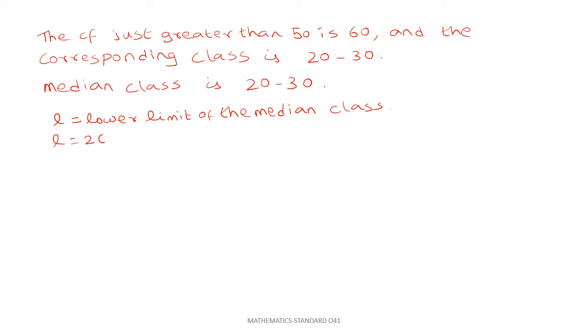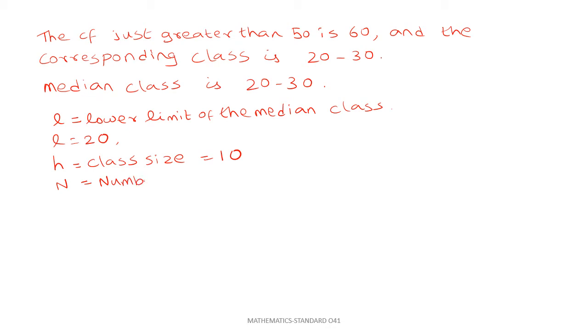It's nothing but 20. Then h is the class size. Here the class size is 10 because it's given 10 to 20, 20 to 30, like that. So h is 10.